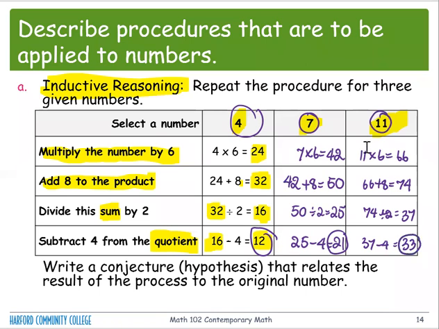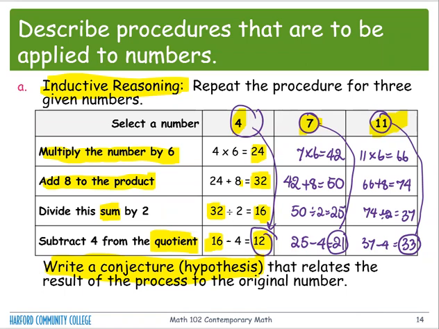Based on our observation, 4 becomes 12, 7 becomes 21, 11 becomes 33. It looks like from the given number, we get a result that is the triple of that given number. So the problem asks you to write the conjecture, which is the hypothesis, the conclusion based on the observation from the inductive reasoning, relating the result of this process to the original number.